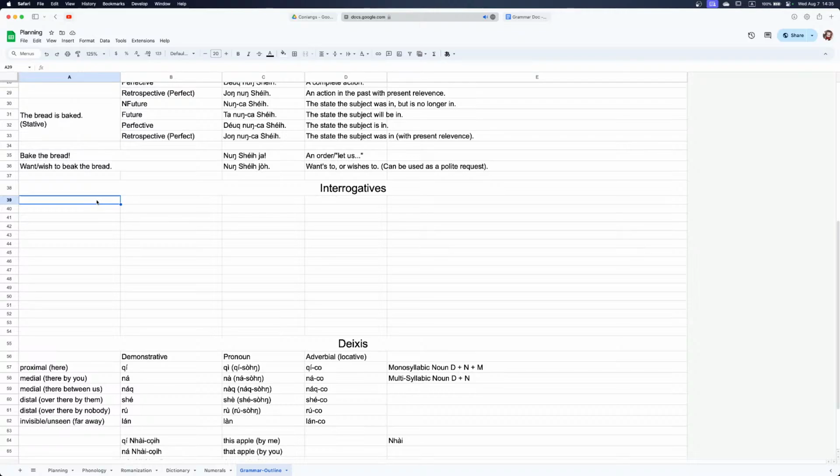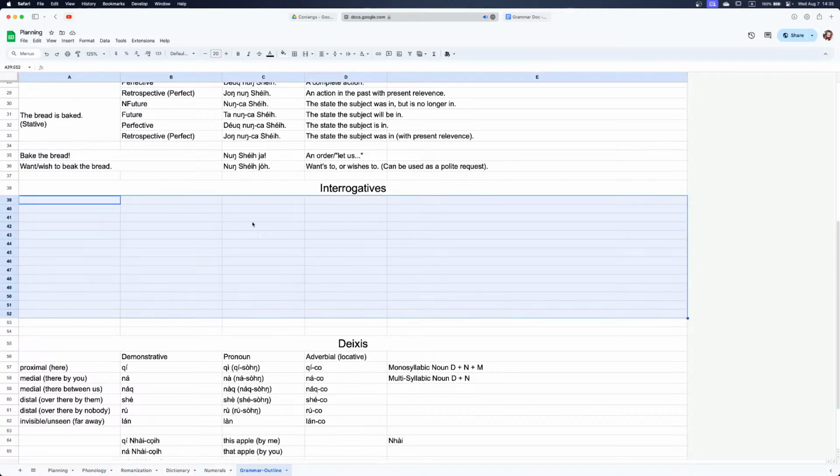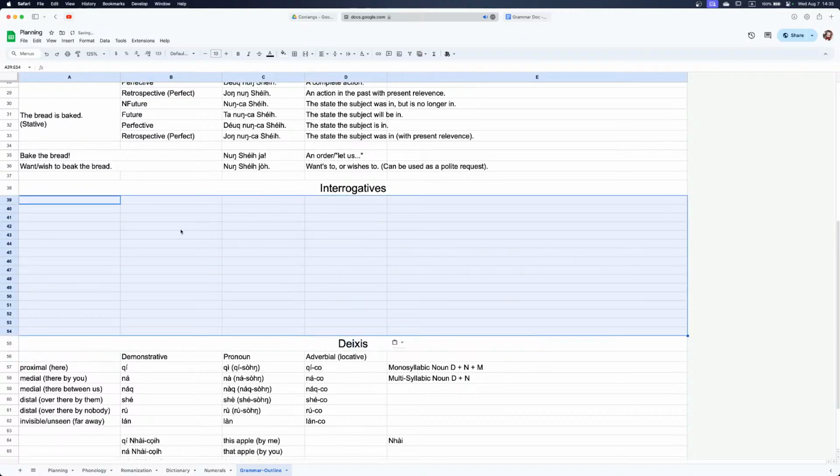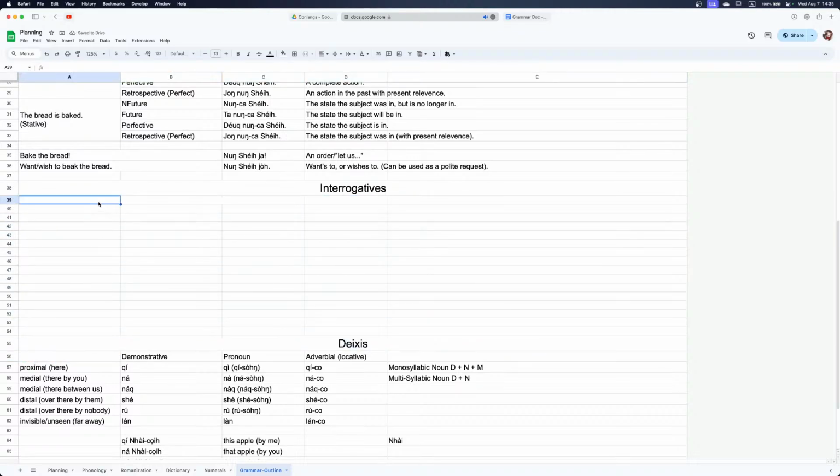Oh, those are all big. There we go. Could also have a particle.